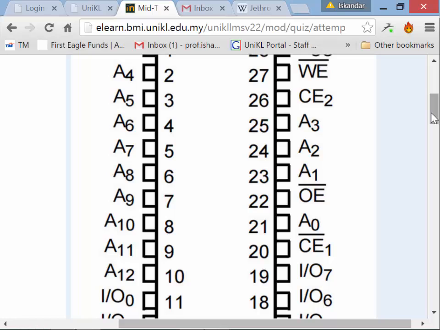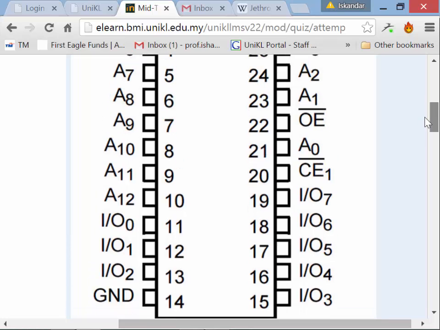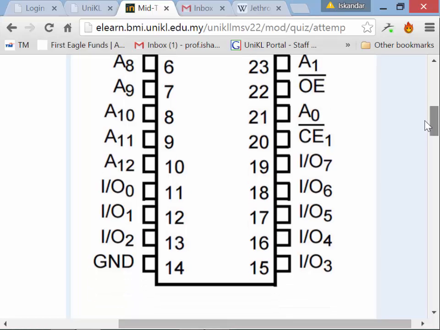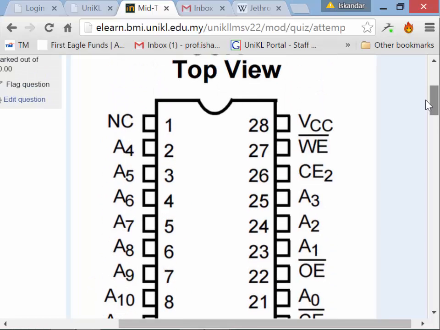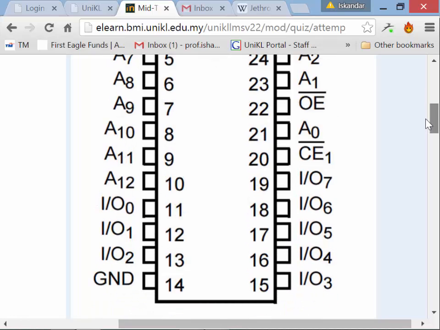So what is the memory organization of this chip? Same thing. We have 8 I/O pins right there. So it's a by 8. Our address lines, it looks like we've got the same number of address lines. Actually, no, 13 address lines. So we've got A12, and we start with A0.